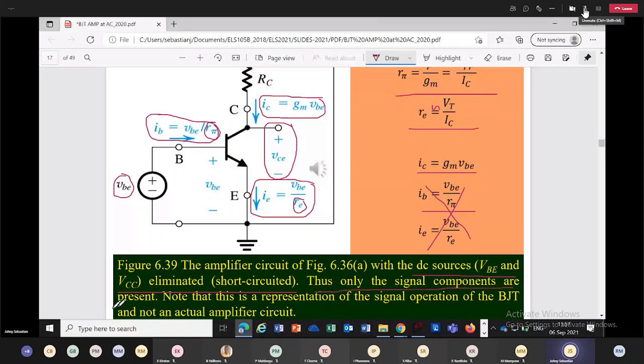Note that this is a representation of the signal operation and not an actual amplifier circuit. When it is a representation, the common name we use is called small signal modeling.